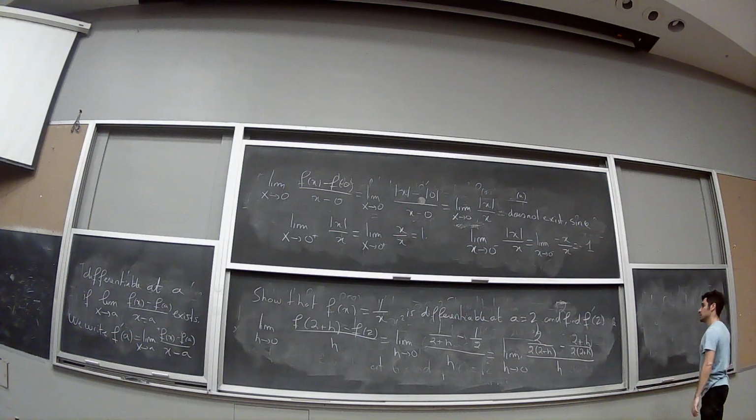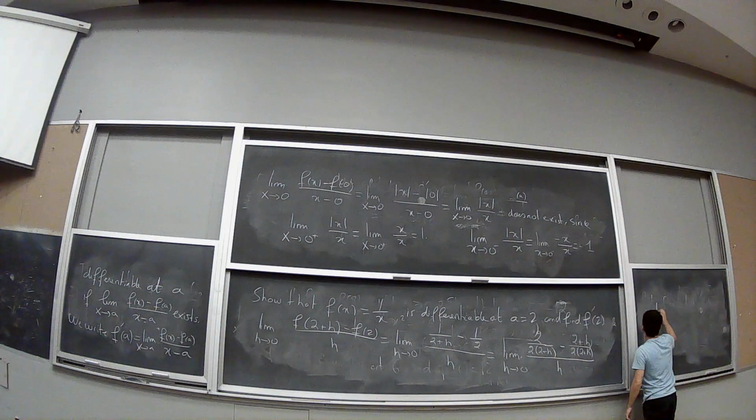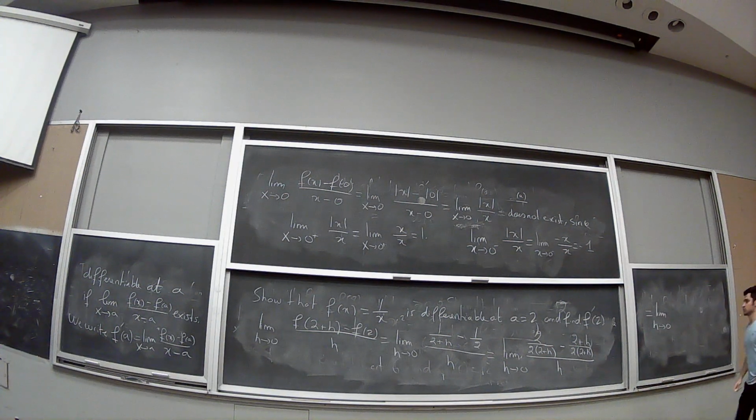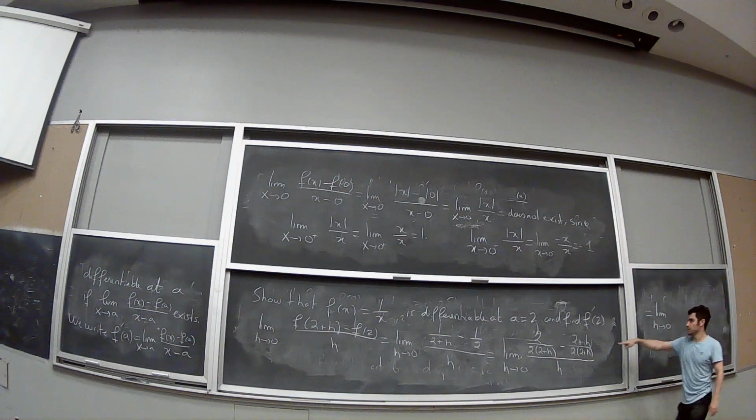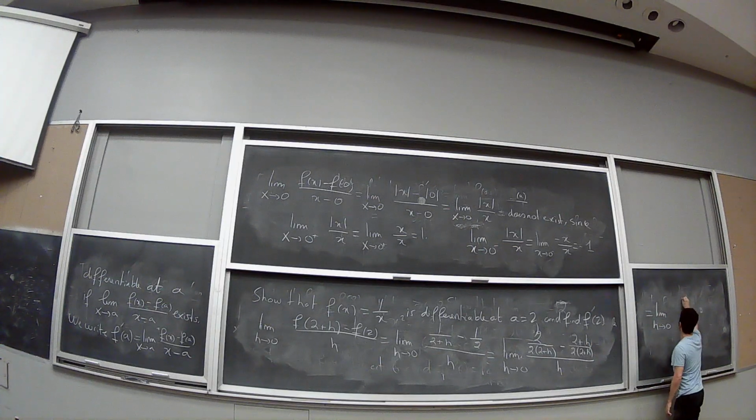What happens here? Let's see. I have the limit as h goes to 0 of... Do you see that if I subtract the 2, I'm left with minus h on top?